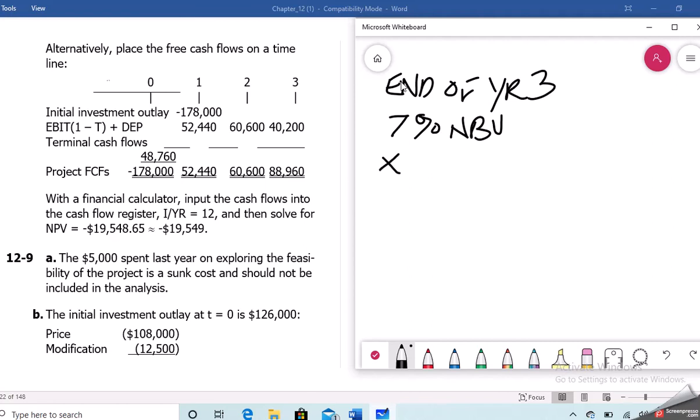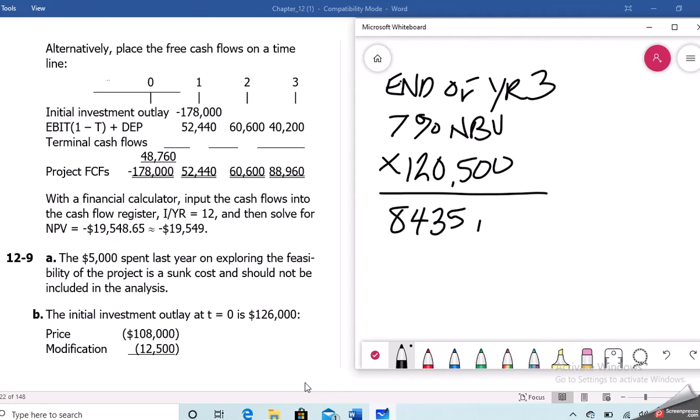So then if we multiply that times the 120,500, oops, let me do that real quick. So 120,500 times the 0.07, $8,435. And then that's our net book value.